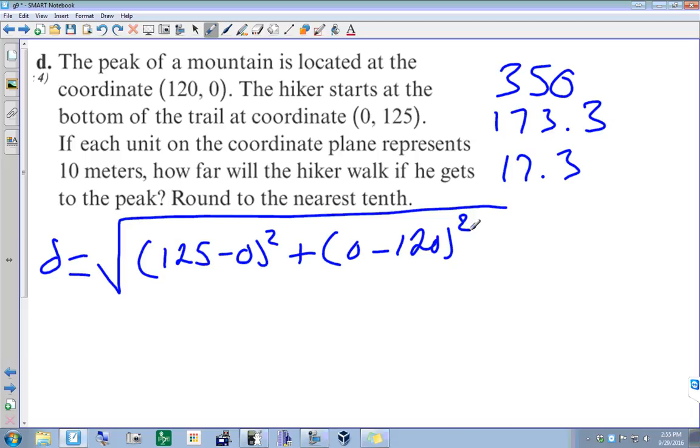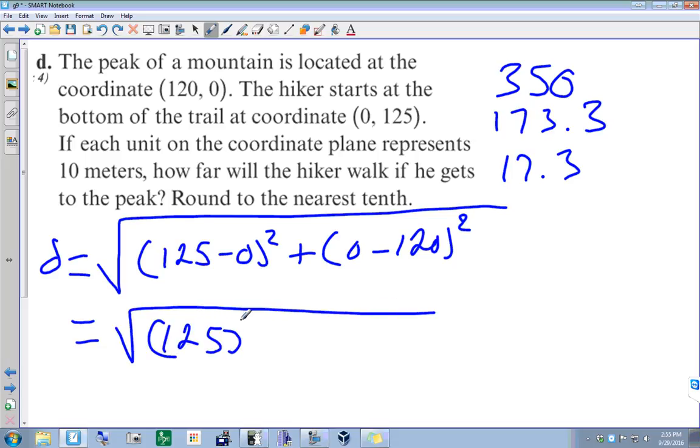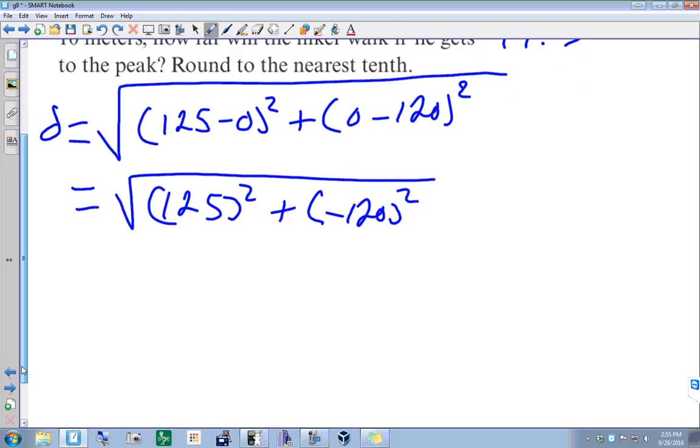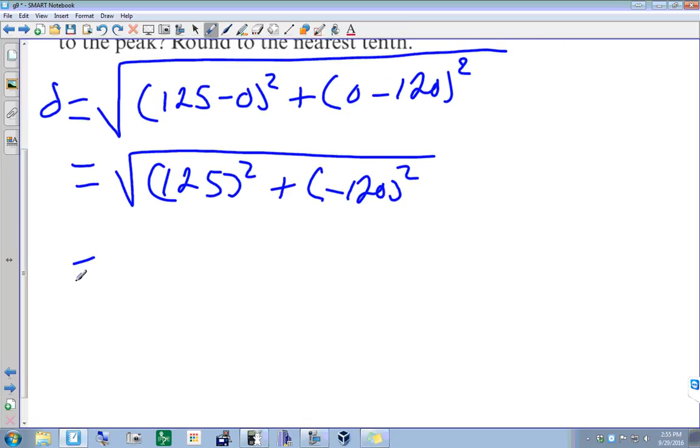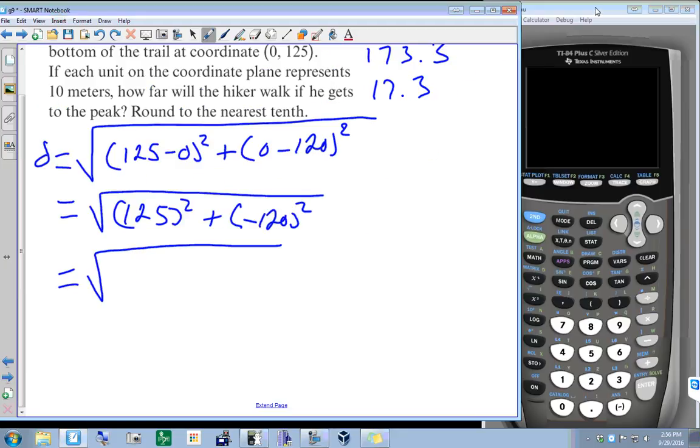Okay. So that means I got the square root of 125 squared plus negative 120 squared. So far, so good? So we end up with, oh man, those numbers are way too big. I'm going to have to use my calculator.